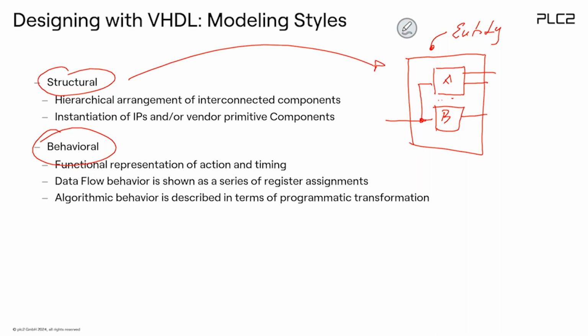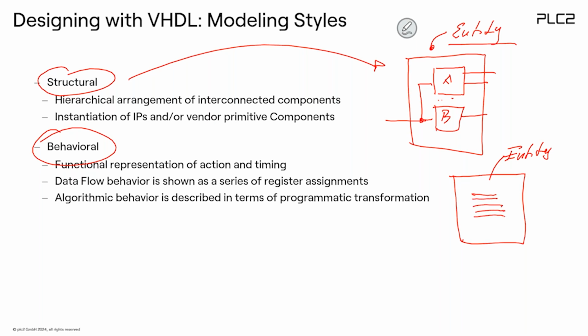This happens especially if you define a complex component, so you need a hierarchy in order to make it more readable. But sometimes, at the end, you define an entity again, and now you just describe what happens here.